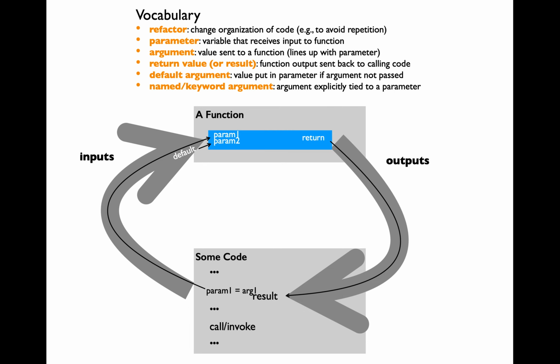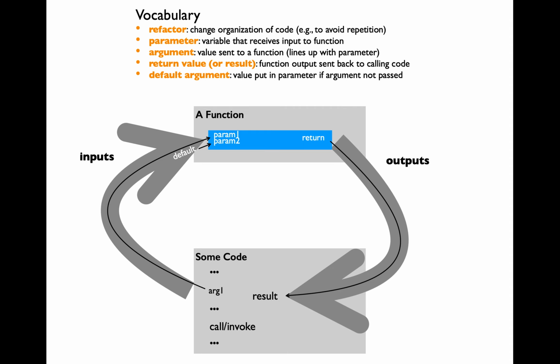The final terminology which I want to introduce is named keyword argument. When you pass your arguments, there are a couple of ways for you to send information. The first way is by just directly passing the argument value, which would be the case when you have arg1 passed into param1.